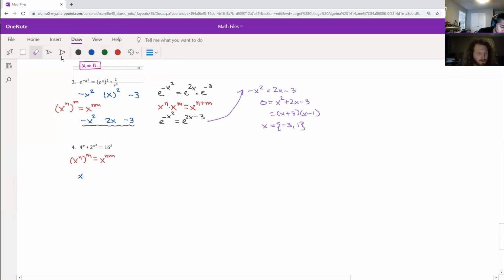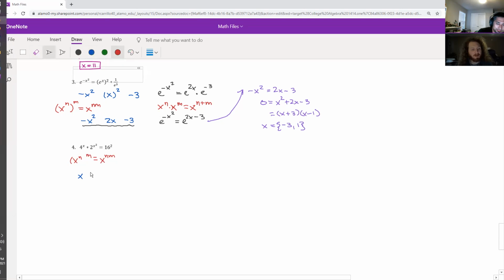Where is this eraser going? I do not understand what happened. Okay, it's just not on the screen. I can't see it. Okay, there we go. Oh my gosh. Okay, nope, it broke again. Hold on a second. Maybe if I minimize it and bring it back up, it'll work for me. There we go.